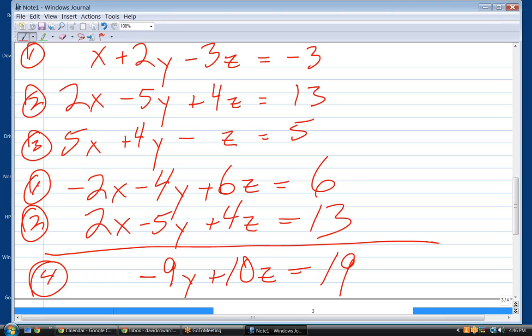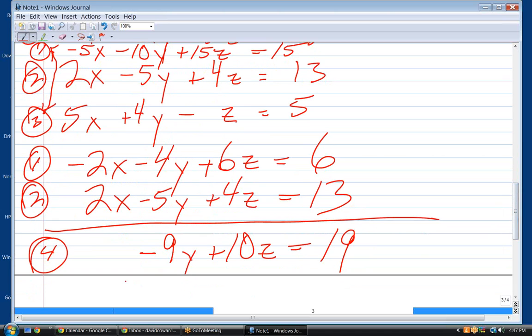Okay? Well, notice this time, if I take equation 1, I'm going to work with 1 and 3. Well, let's take equation 1 and multiply it by minus 5. The advantage of that is notice that now I can add 1 and 3 together, and the 5x, the x is going to disappear.